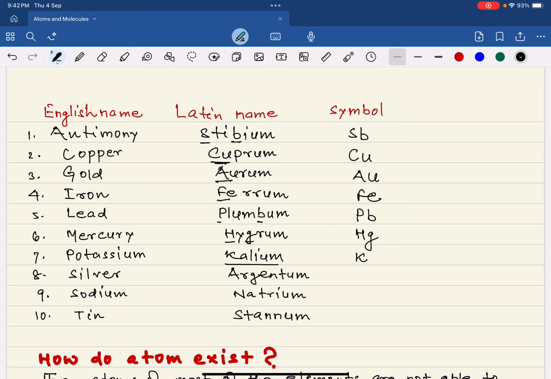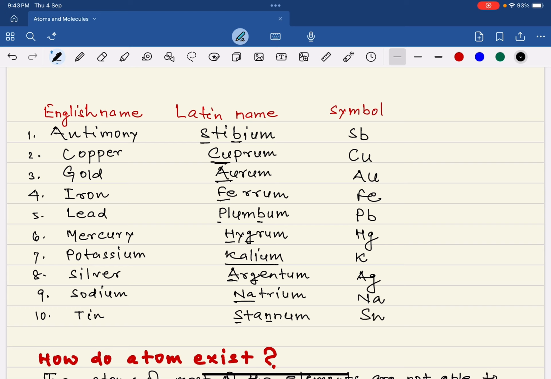In case of silver, the Latin name is argentum. In this case, the first and third letters, Ag, are used. In case of sodium, Na, the first two letters are used, that is natrium, Na. In case of tin, the first and fourth letters, Sn, are used.